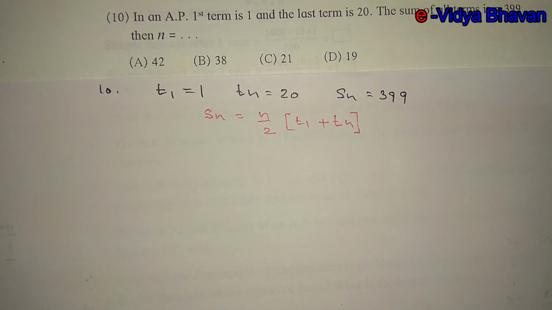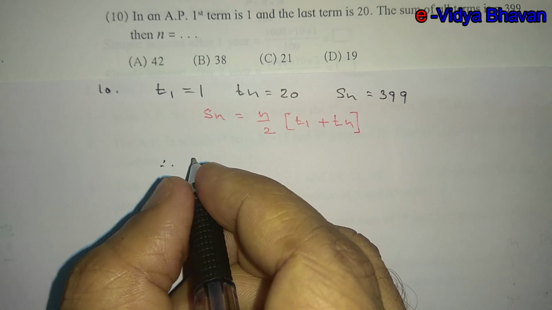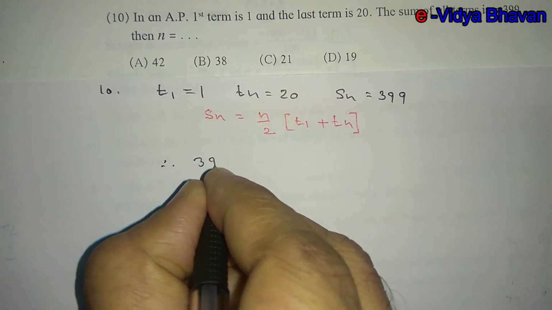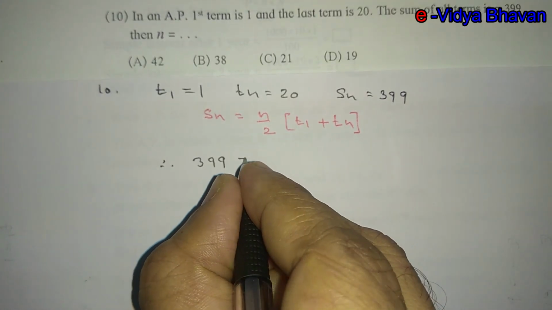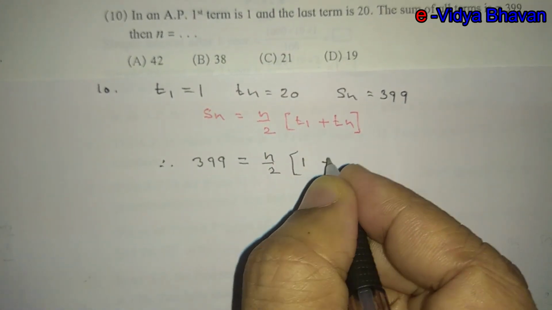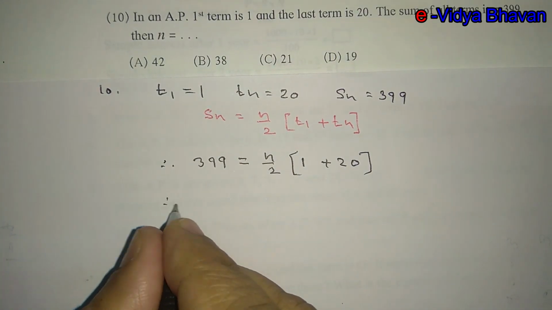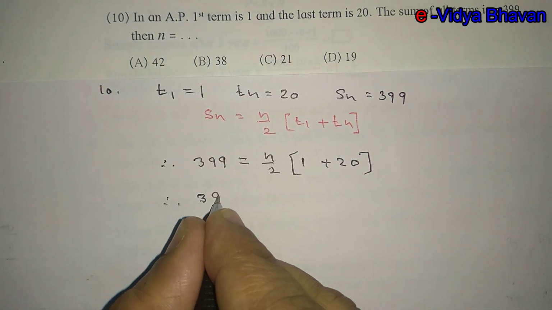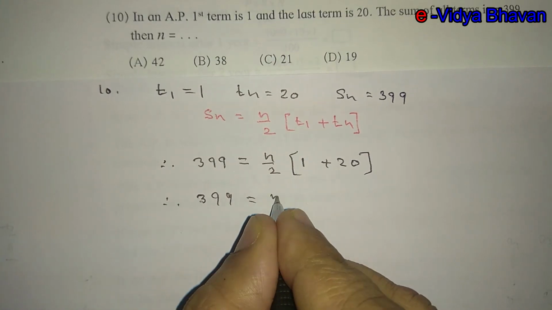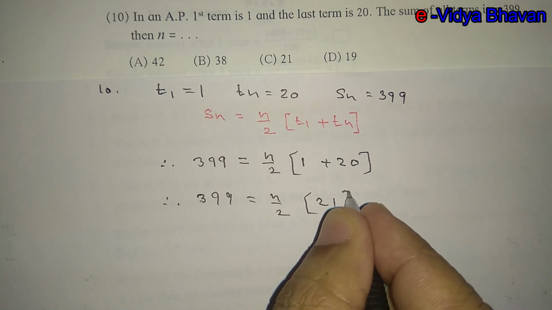Let us substitute the values. Sn is 399, n is not given, T1 is 1, Tn is 20. Therefore 399 equals n upon 2 times 1 plus 20, which gives me 21.